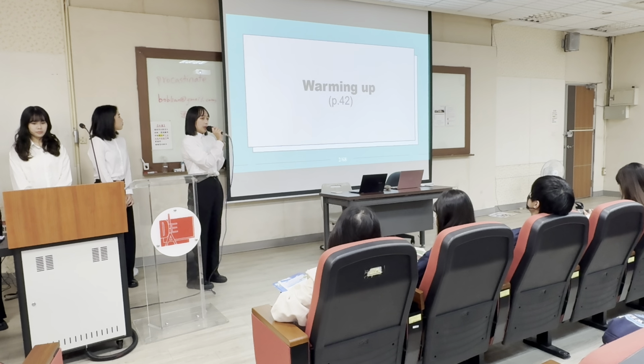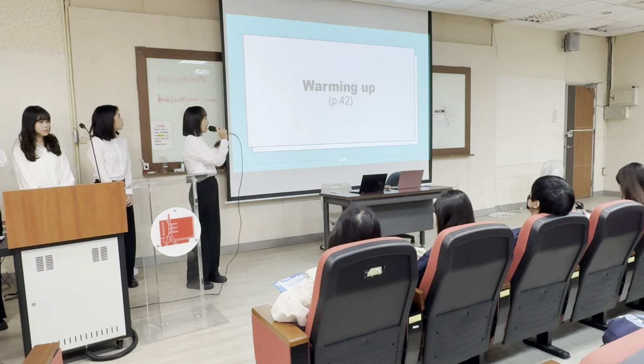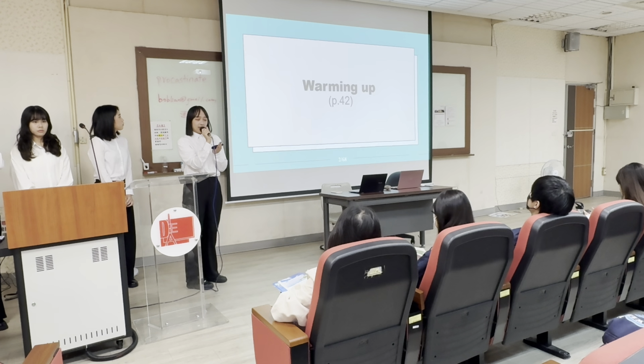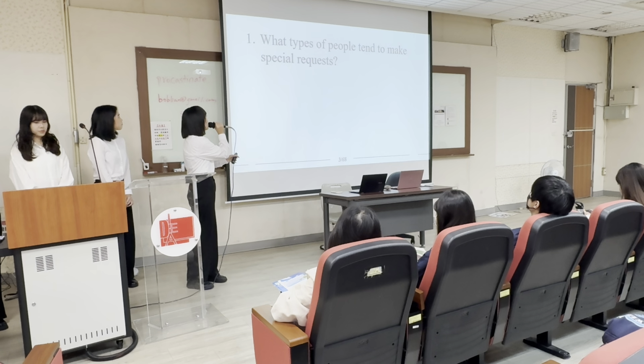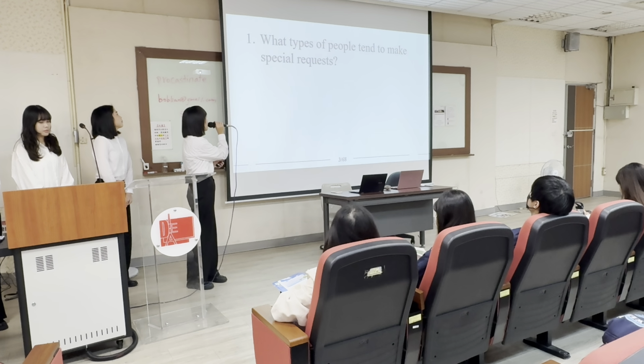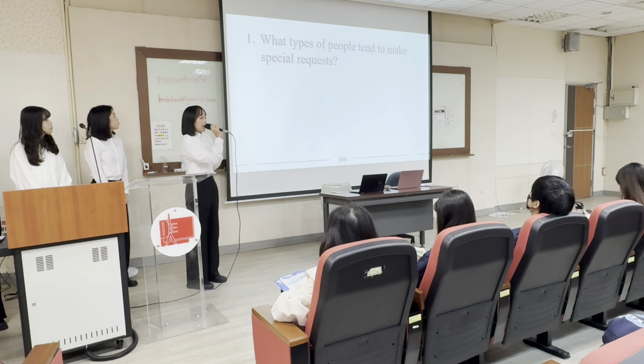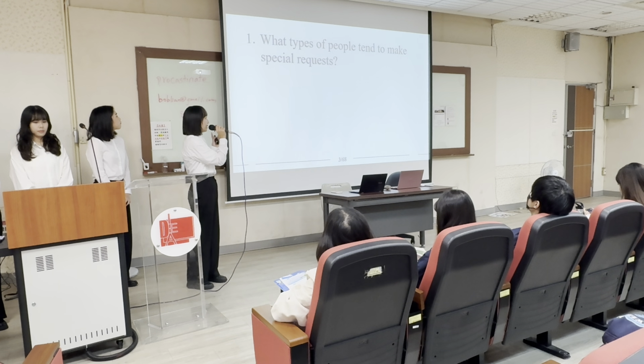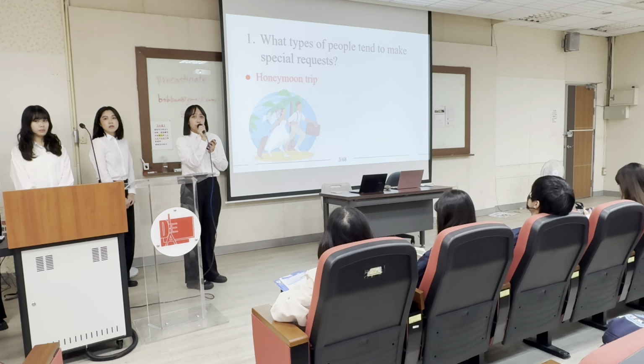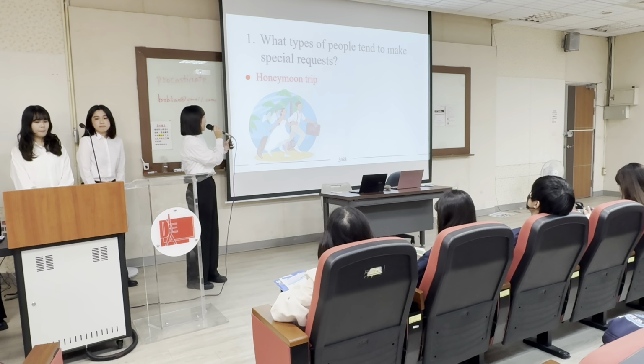So let's first talk about the warming up. There are 5 questions in this textbook. The first question is, what types of people tend to make spatial requests? The first answer is honeymoon trip.